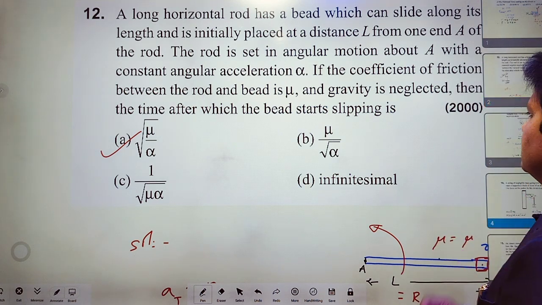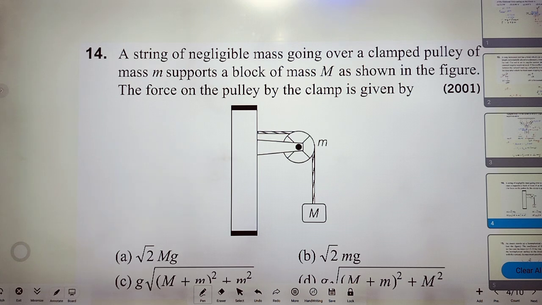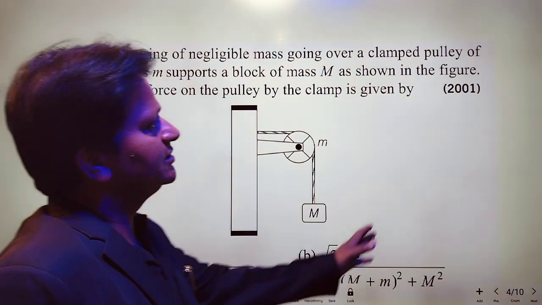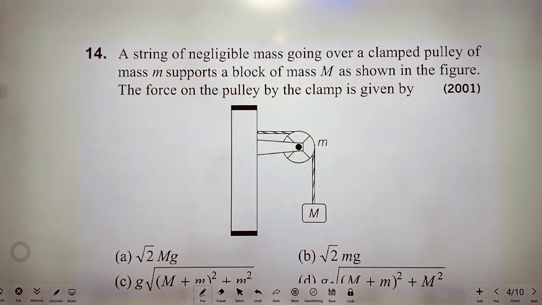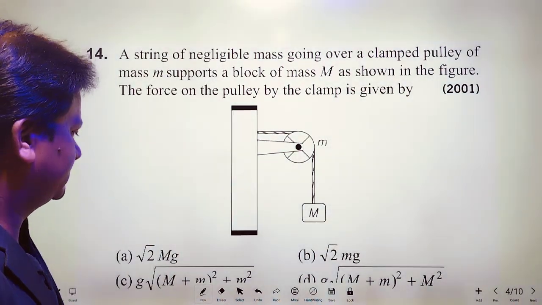Now I am going to solve question number 14. This question was asked in IIT in 2001. A string of negligible mass going over a clamped pulley of mass m supports a block of mass M as shown in the figure. The force on the pulley by the clamp is given by.